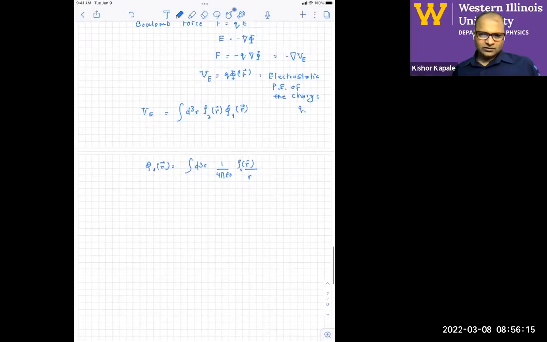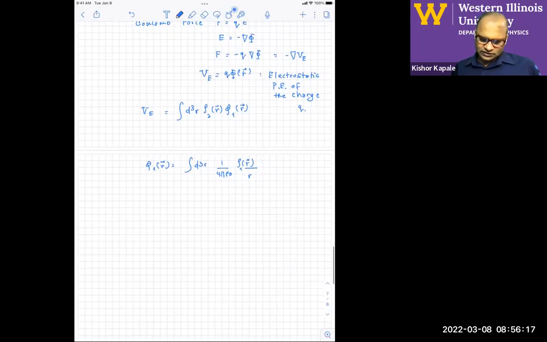And there are some other things that you can do, which is the Coulomb force can be written as the partial derivative of the electrostatic potential energy with respect to s. That's some coordinate, right?